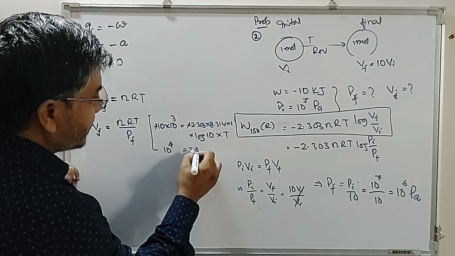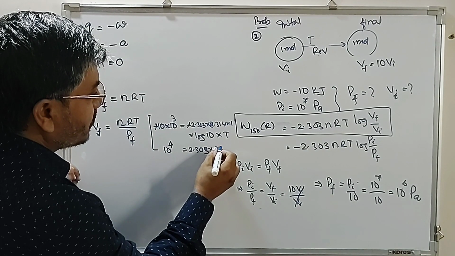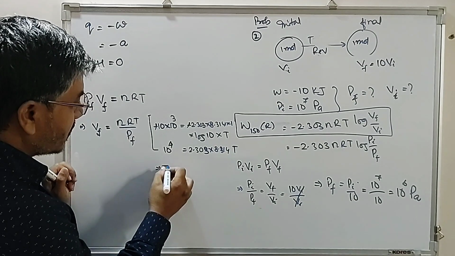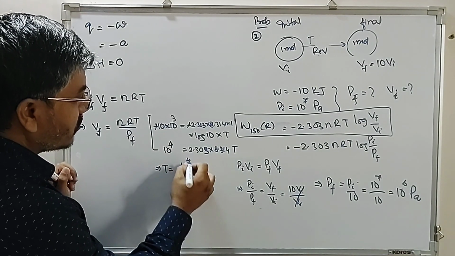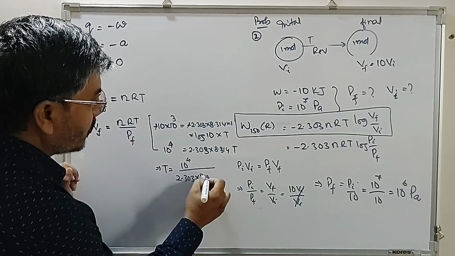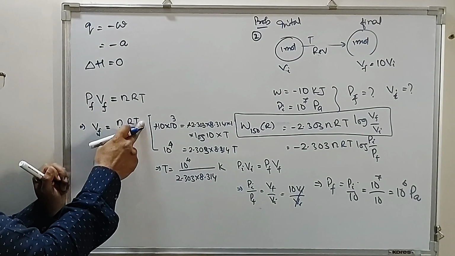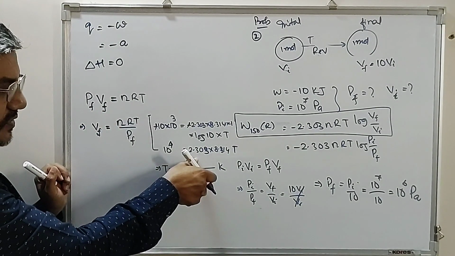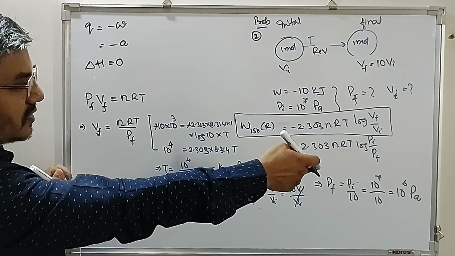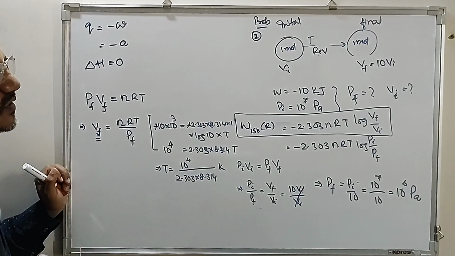So 10 to the power 4 is equals to 2.303 into 8.314 into temperature. Therefore temperature is equals to 10 to the power 4 divided by 2.303 into 8.314. This is temperature in Kelvin. We'll use the value of temperature. We have the value of final pressure, that is 10 to the power 6. So we'll find the value of Vf.